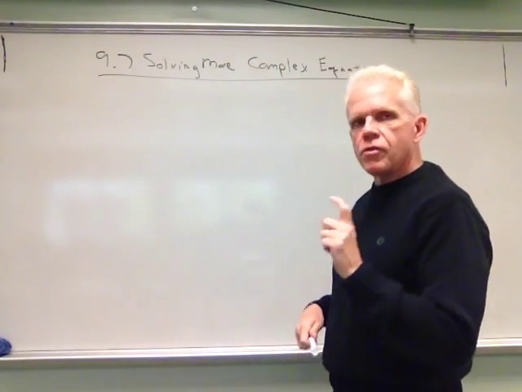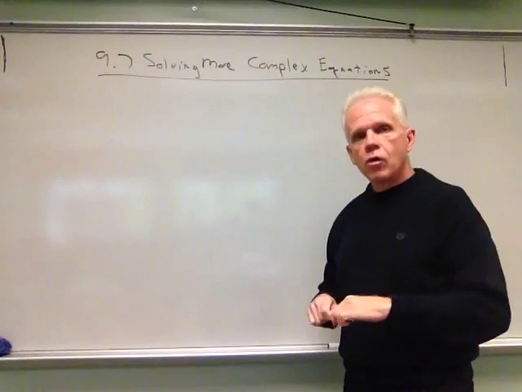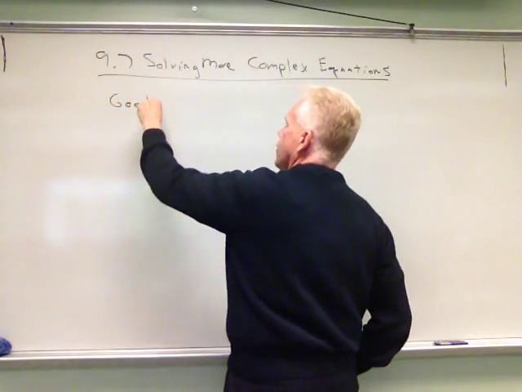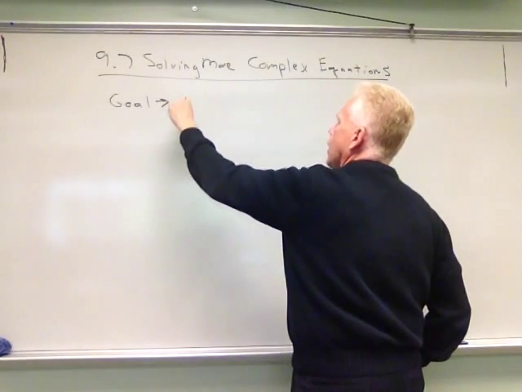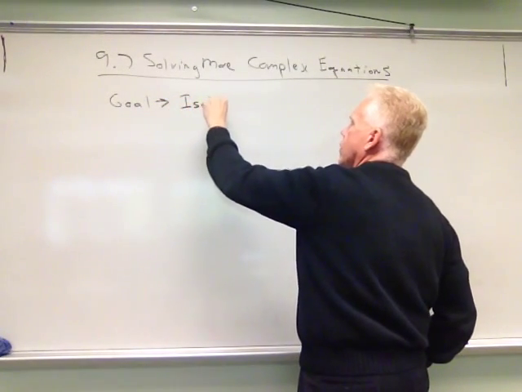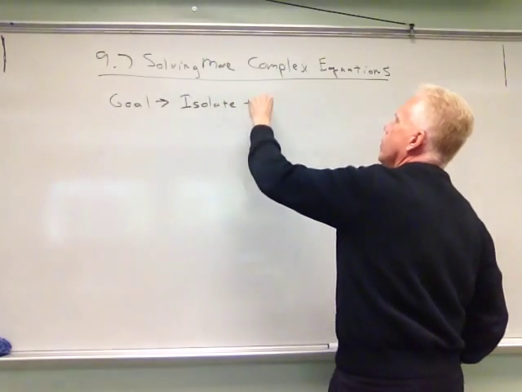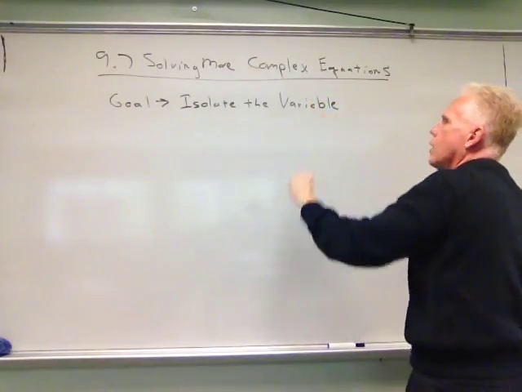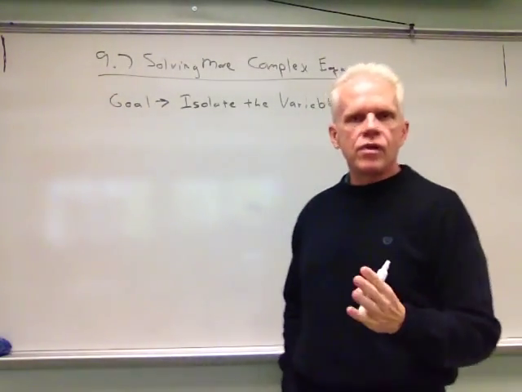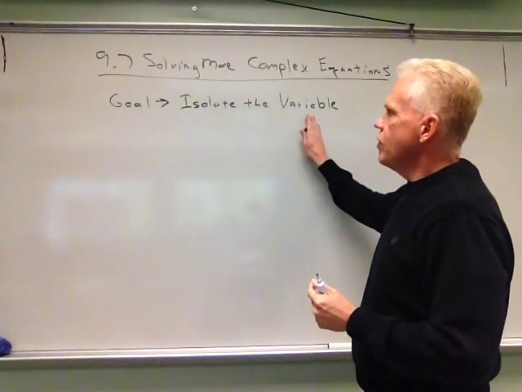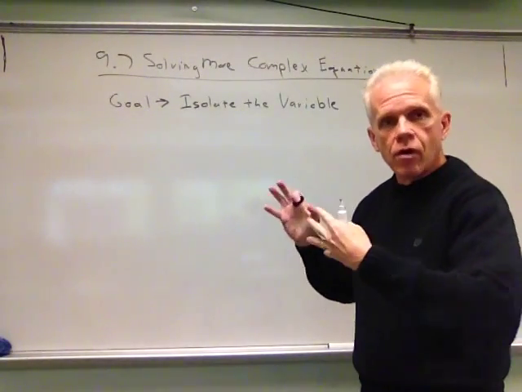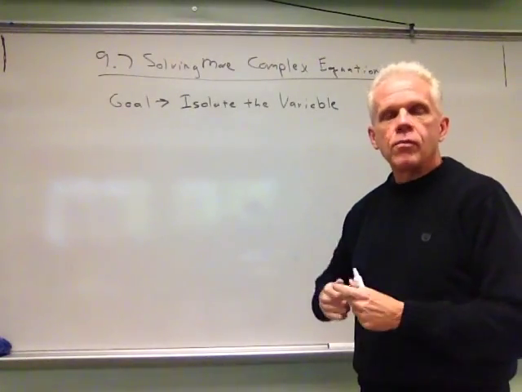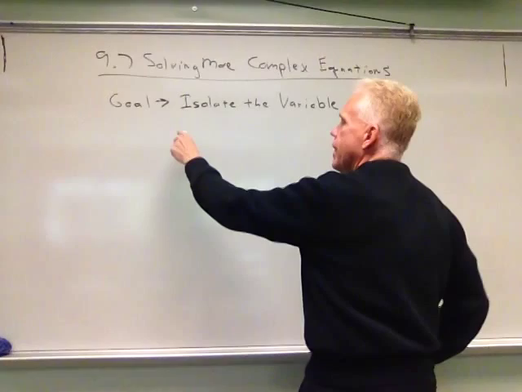First of all, I want you to be really clear that your goal in solving an equation is to isolate the variable. Our goal in solving any equation is to isolate the variable, isolate the letter, get it essentially on one side of the equal and get the answer on the other side of the equal, and then we have an answer.